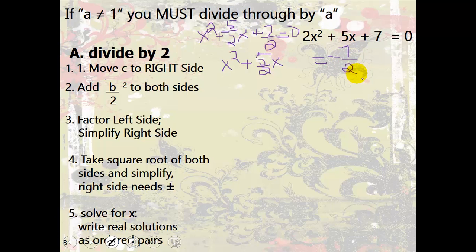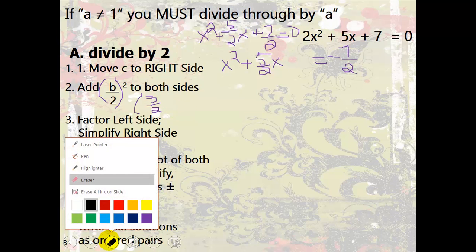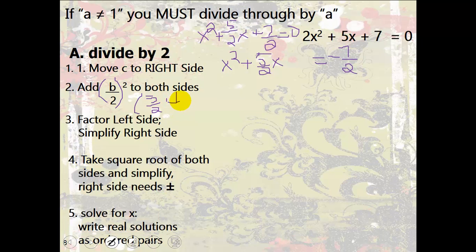Now I'm going to take half of b and square it. So be careful with this. 5 over 2 squared is, or no, we got to take half of that. See, be careful. Half of 5 over 2 is 5 over 4. And that's what we have to square.